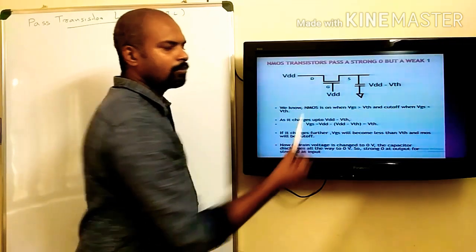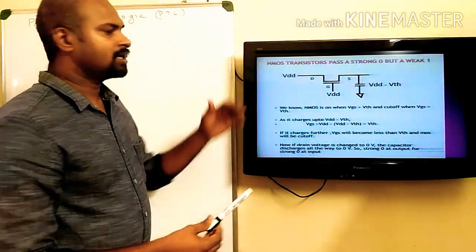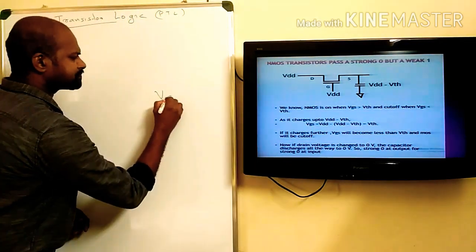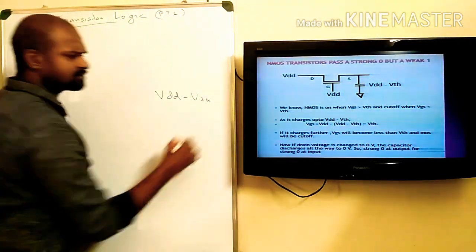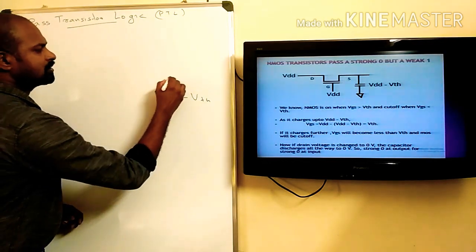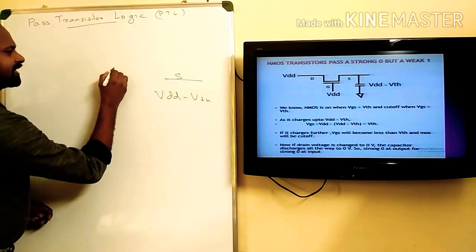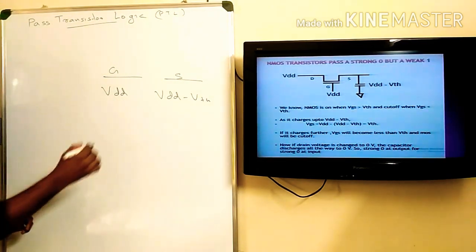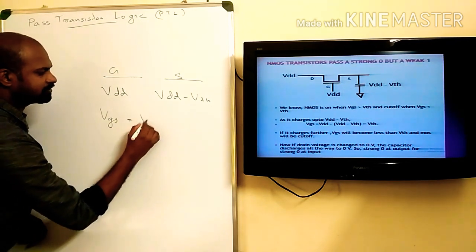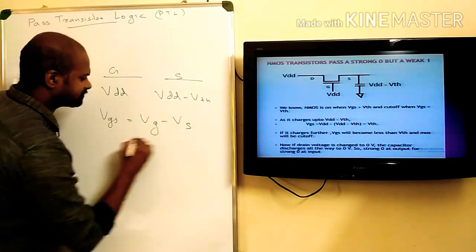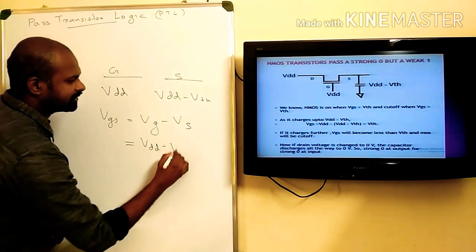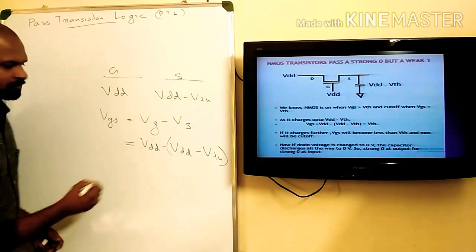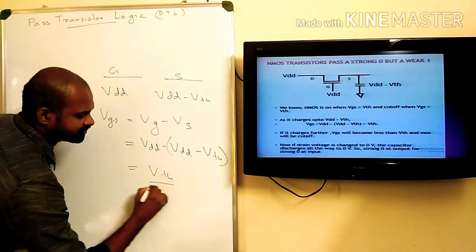When this output point is charging up and reaches VDD minus VTH, this is the voltage at the source, and the gate is at a voltage of VDD, right? So VGS is equal to VG minus VS, which is VDD minus (VDD minus VTH), and that will be equal to VTH.